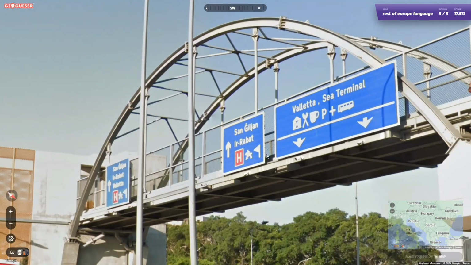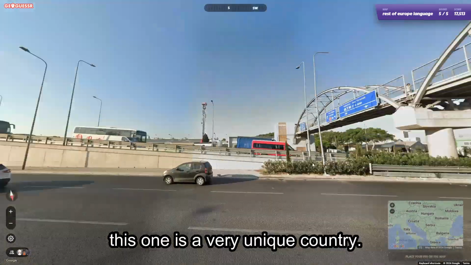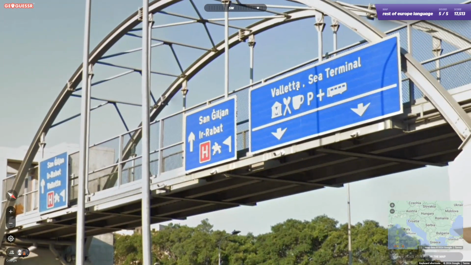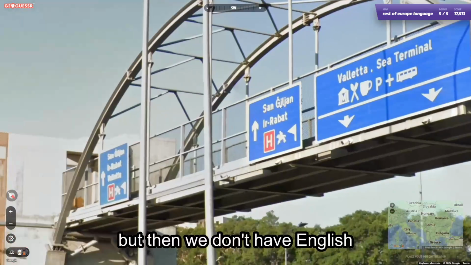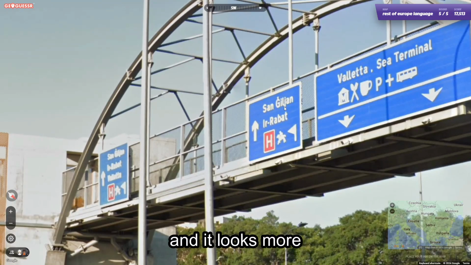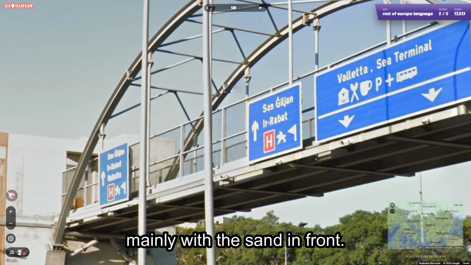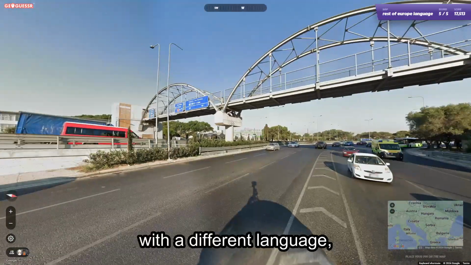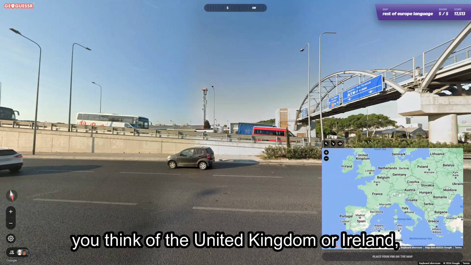Okay, so this one is a very unique country. We have English right here, but then we don't have English, and it looks more Romance in a way, maybe with the sand in front. English with a different language. You think of the United Kingdom or Ireland.